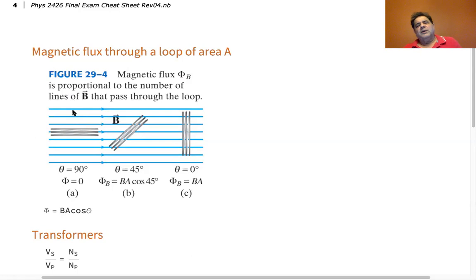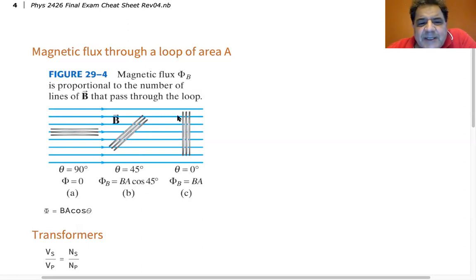Well, what is the cosine of 90? Well, it's 0. So phi is equal to 0. This is the equation here. Phi is equal to BA cosine theta. Here it's at 45 degrees and it's BA cosine 45.